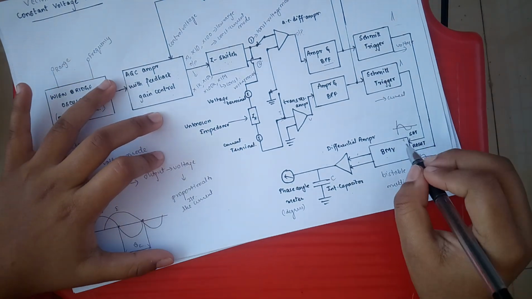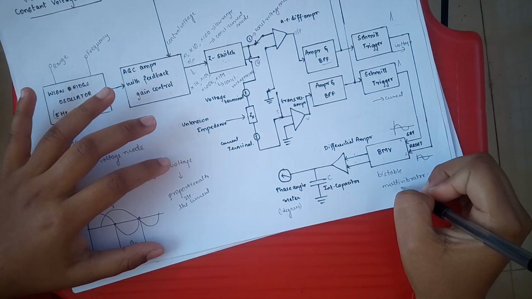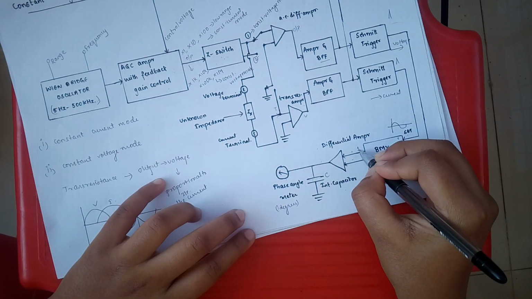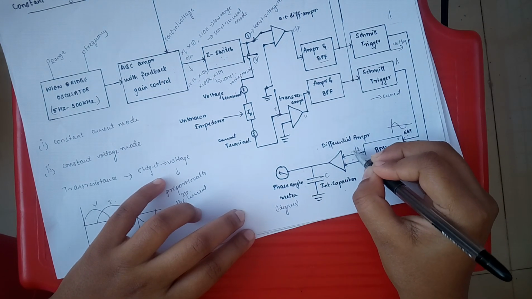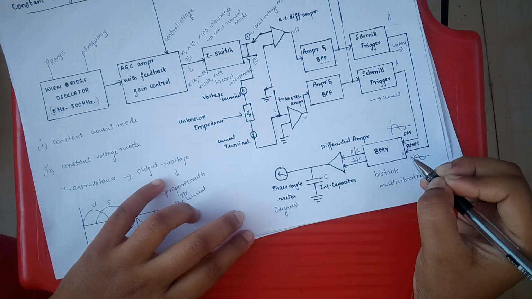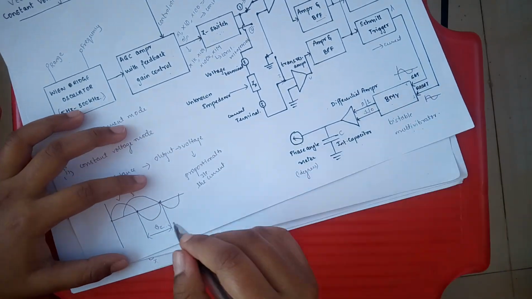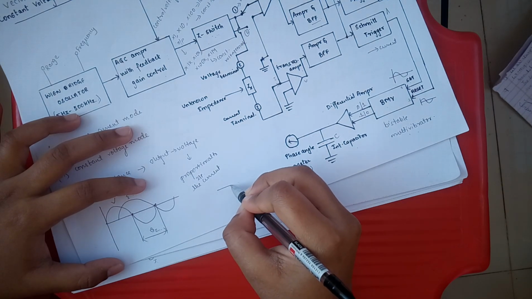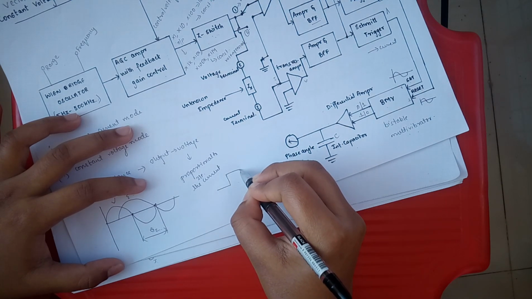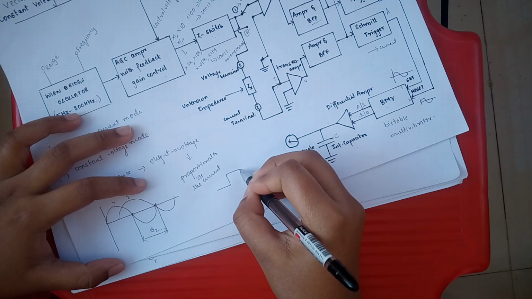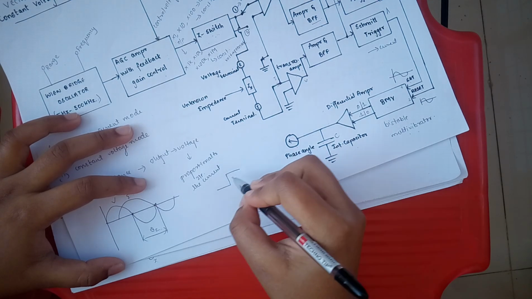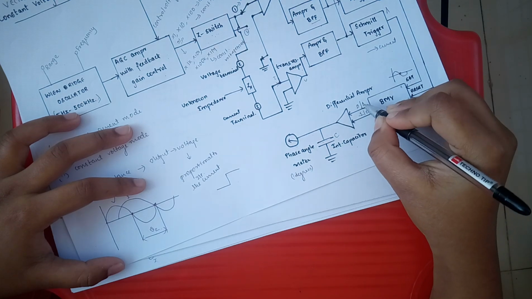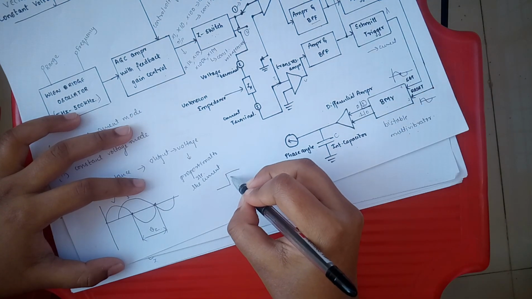Okay, so now the bistable multivibrator can at a time be in only one stable state. So if this output is 1, this output has to be 0, and if this output is 0, this output has to be 1, right? Now let us look at the waveforms. Now if we say that it is set, that means the current waveform has crossed 0, so one output will become high.